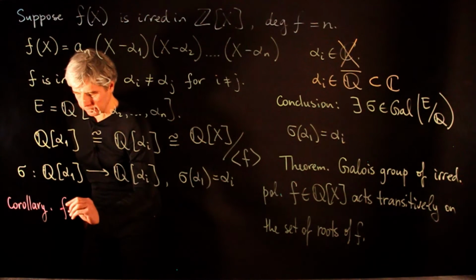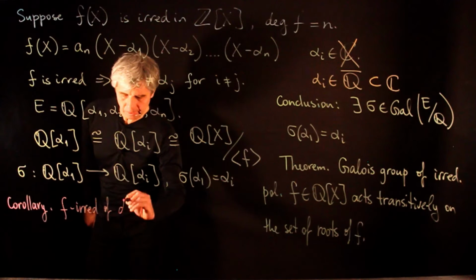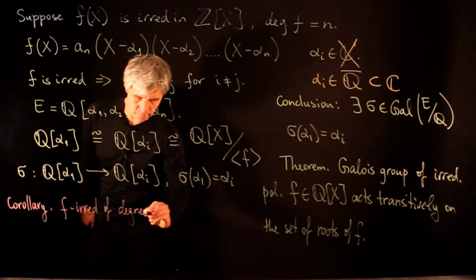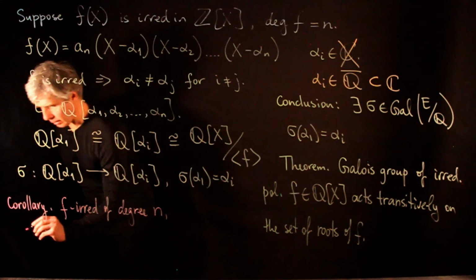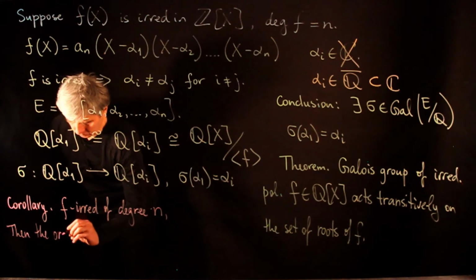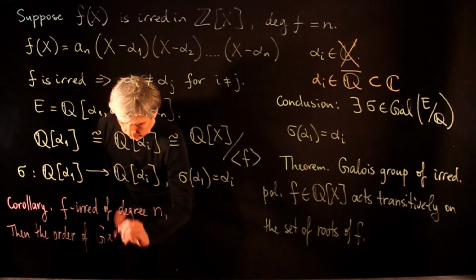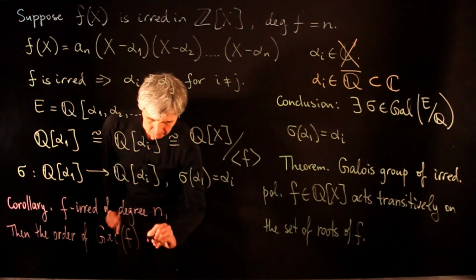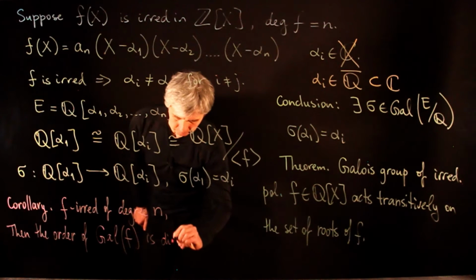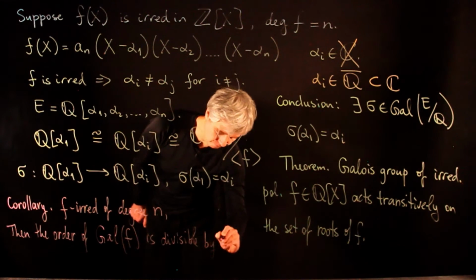So if f is irreducible of degree n, then the order of the Galois group of f is divisible by n.